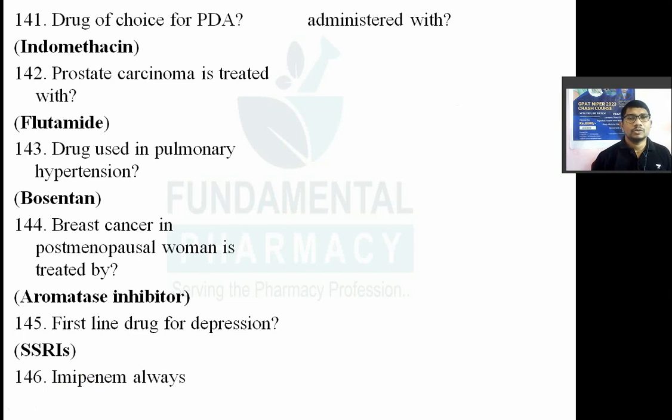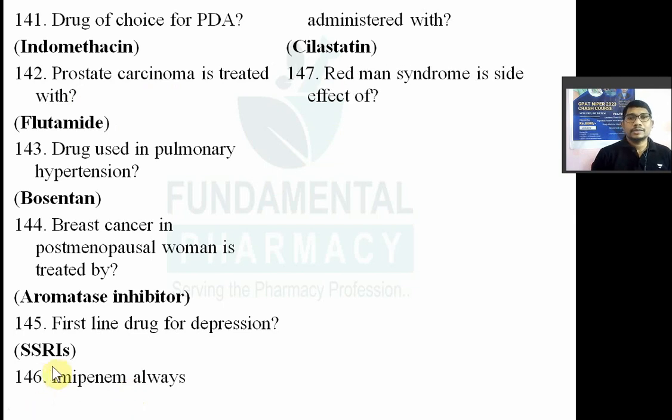There is one drug known as cilastatin, which is combined with imipenem. Cilastatin inhibits the hydropeptidase enzyme in the kidney and increases the half-life of imipenem. ये cilastatin वो enzyme को inhibit करता है which metabolizes imipenem in the renal tubule.